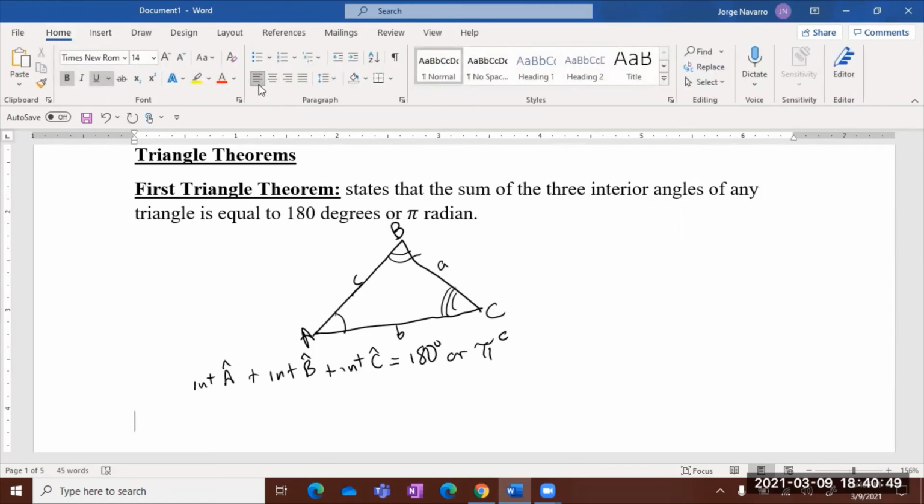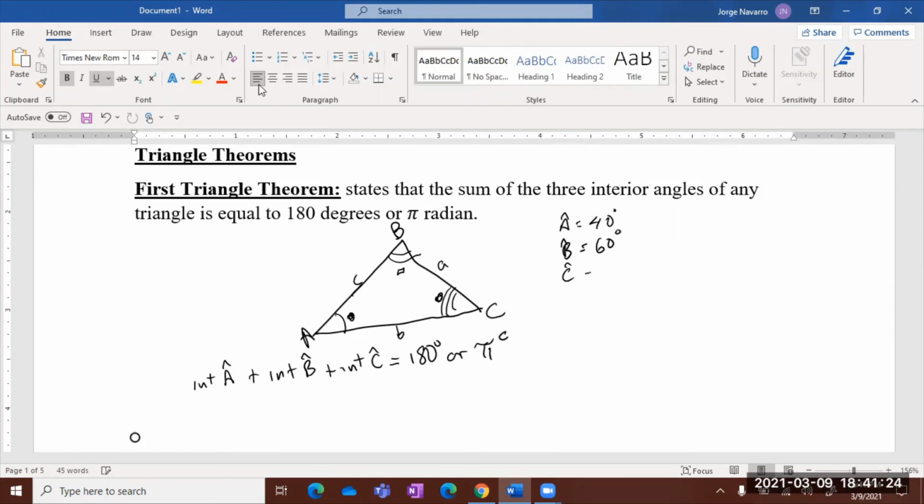Please explain that, please, sir. It says the interior angle A plus the interior angle B, so this here plus this here plus this here will add up to 180. So, for example, this is only an example, let's say angle A is 40, angle B is 60.